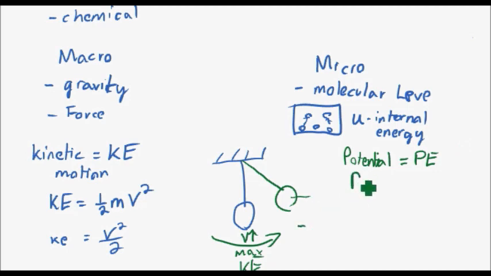Potential energy is quantified as the mass times the gravitational pull, so on Earth it's 9.81, times the height. As you get higher, you have more potential energy. If I'm carrying a big boulder above your head, 10 meters high, and I drop it on you, it's going to hurt a lot more than if I dropped it closer to your head. That value is your potential energy.